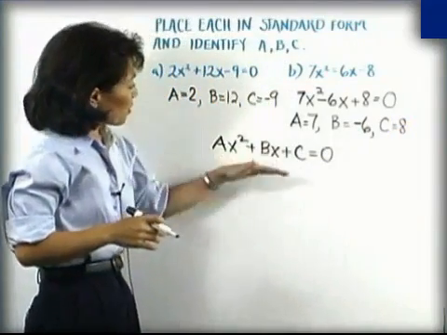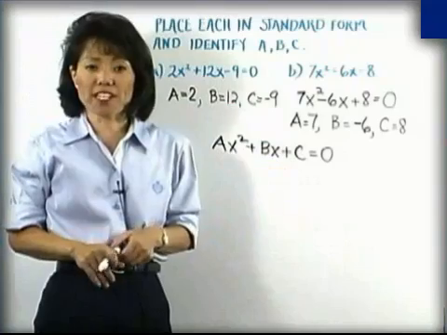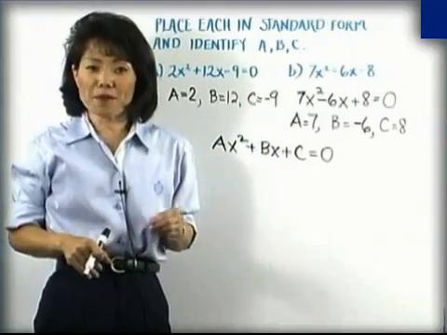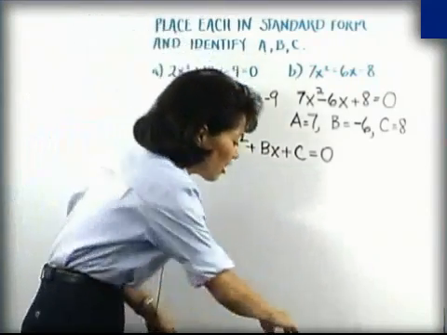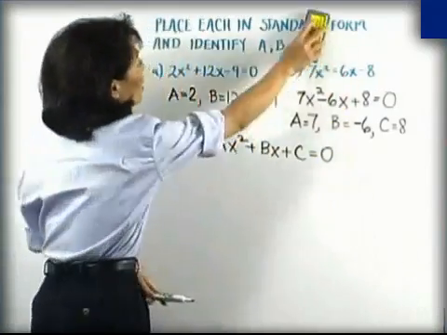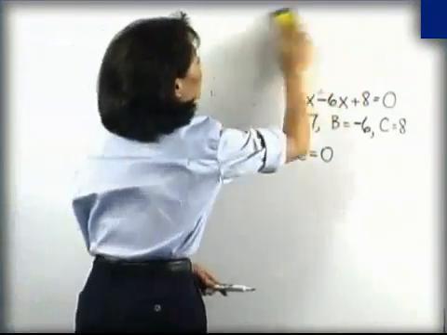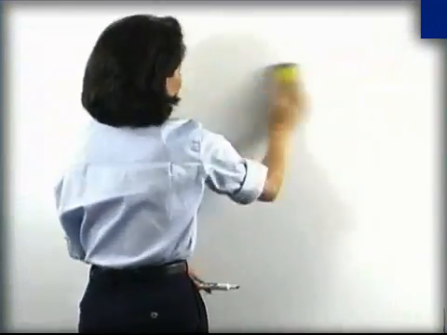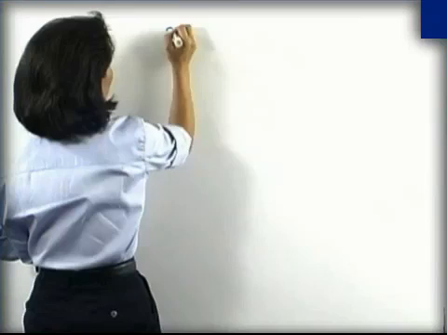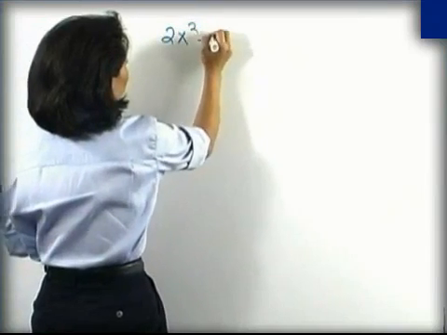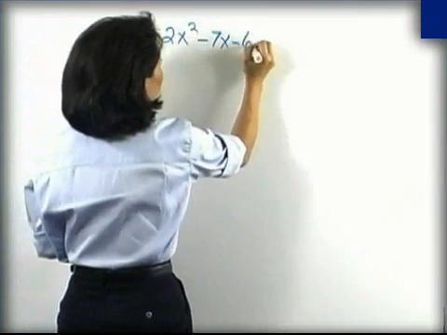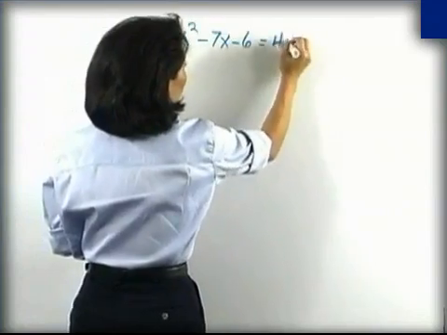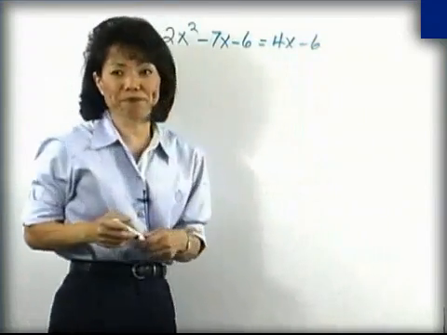Now that we've worked a little bit with identifying these quadratic equations and putting them in standard form, let's take a crack at actually solving a quadratic equation. Let's look at our first quadratic equation. We're going to try to solve 2x squared minus 7x minus 6 is equal to 4x minus 6.